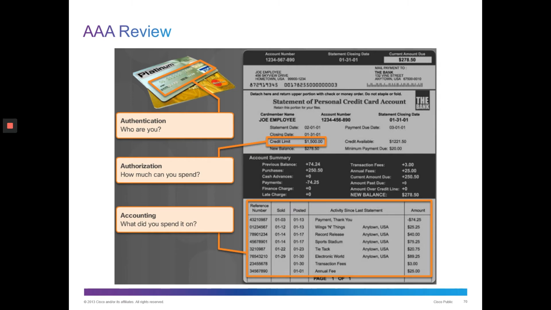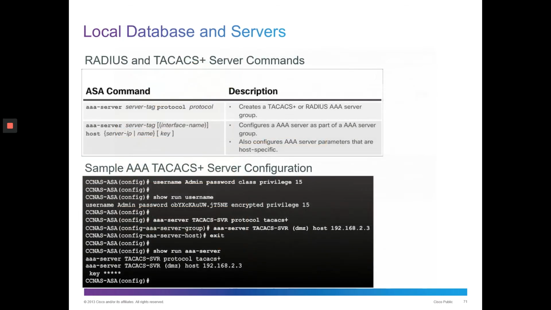So 3 things: authentication, authorization, accounting. We validate the user, whether the user is right or wrong. Then we authorize what he can do over the network, and finally we log all his activity. Again, we looked at RADIUS and TACACS. These are the 2 protocols that you can use for TripleA, and the same thing you can have on your firewall as well.